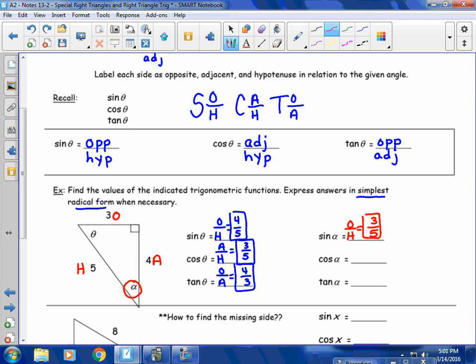Cosine of alpha, adjacent over hypotenuse, adjacent is 4, hypotenuse is 5, 4 over 5. And tangent, opposite over adjacent, opposite's 3, adjacent is 4, 3 over 4.